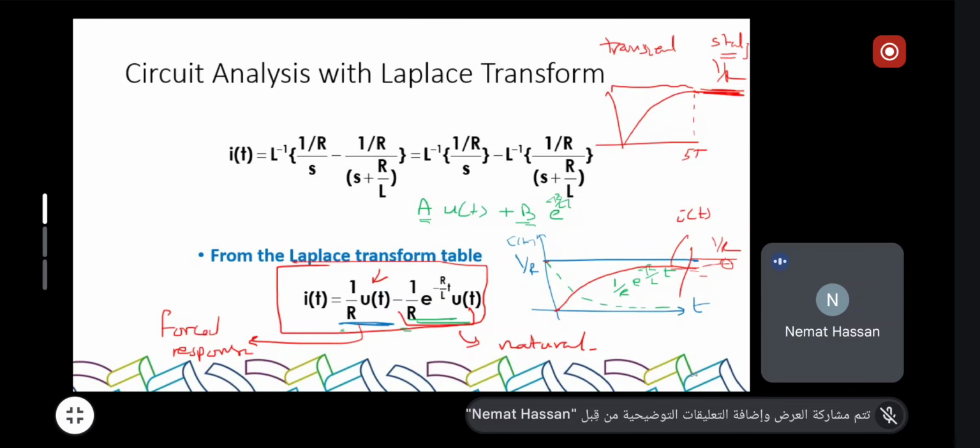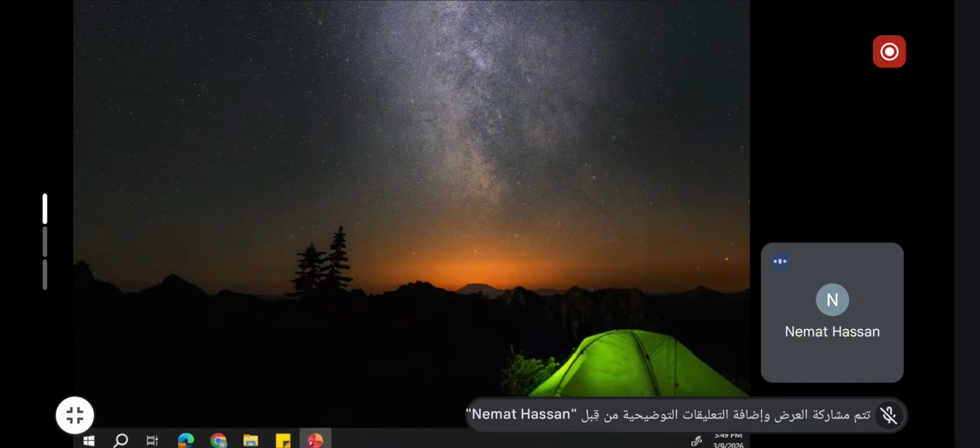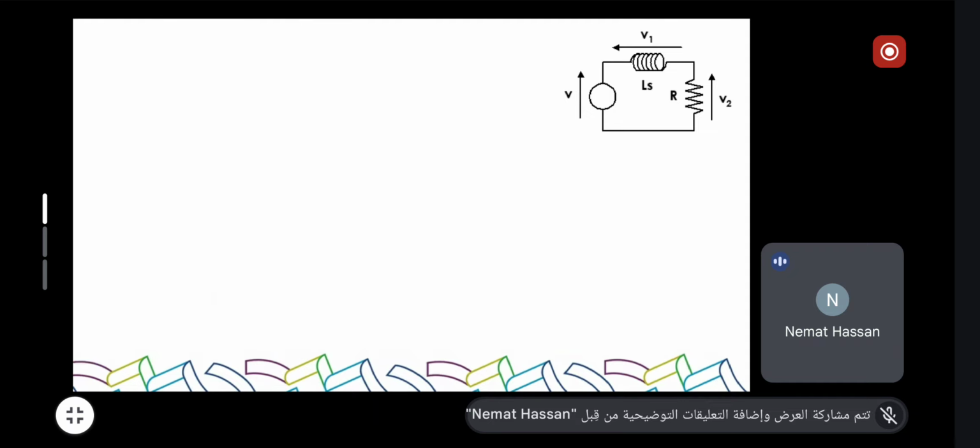And if I take this exact same circuit, with the exact same unit input, u of t, and this time instead of calculating the current I want to calculate V2.